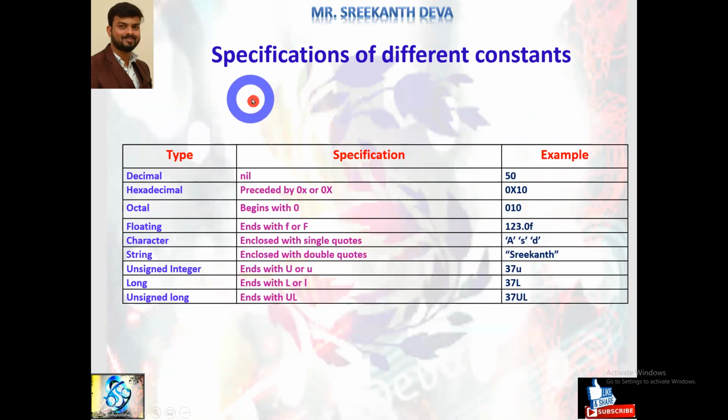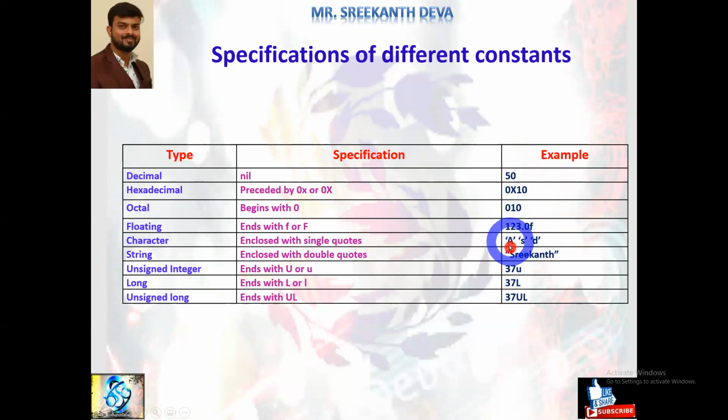Some specifications of different constants: decimal specification is nil, for example 50. Hexadecimal is preceded by what? 0x, small x or capital X, for example 0x10. Octal begins with 0, or is preceded by what? 0. Floating point constants end with small f or capital F suffix, like 123.0f. A character is enclosed with what?